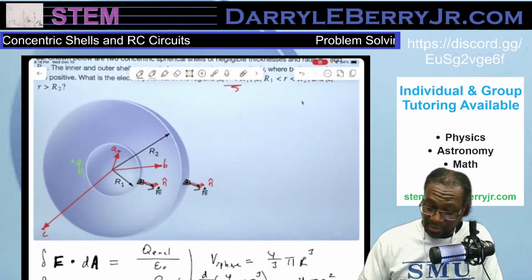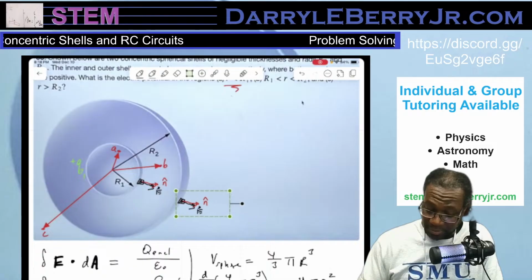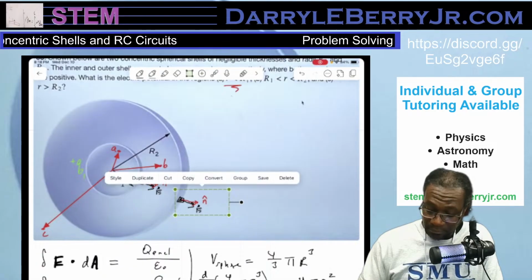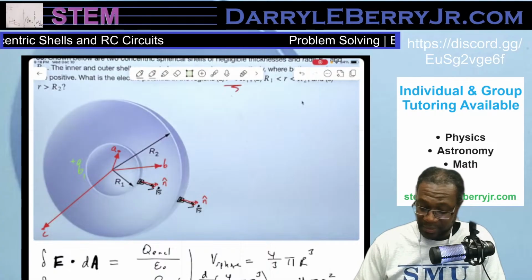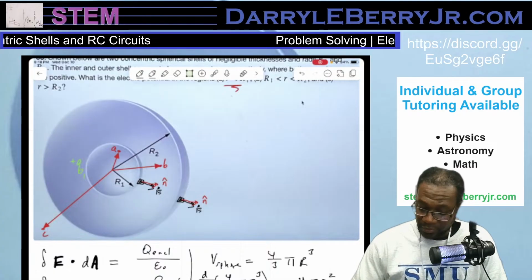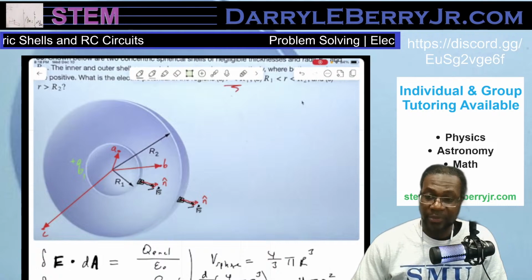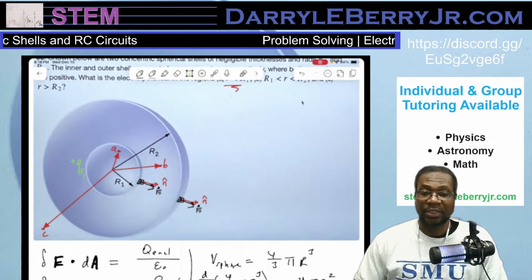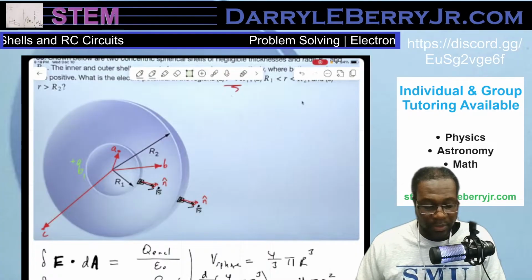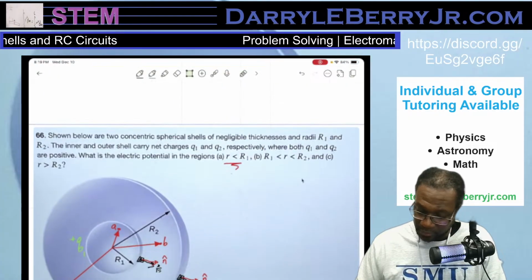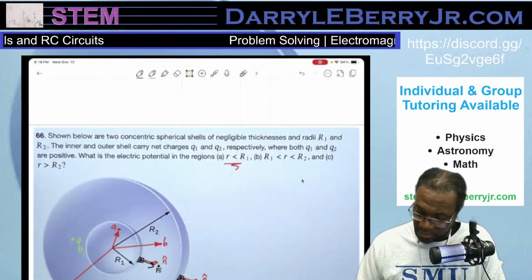It has its dA element, and the electric field is perpendicular to that dA element going to the outside. It is a surface charge, so the charge is on a conductor. Always goes to the surface, if I'm remembering that correctly. I think I am. Even though it doesn't mention it's a conductor, usually these things are conductors.